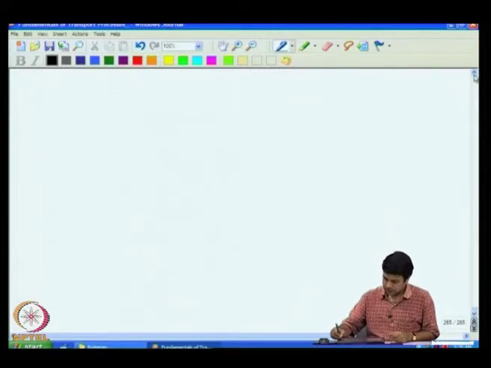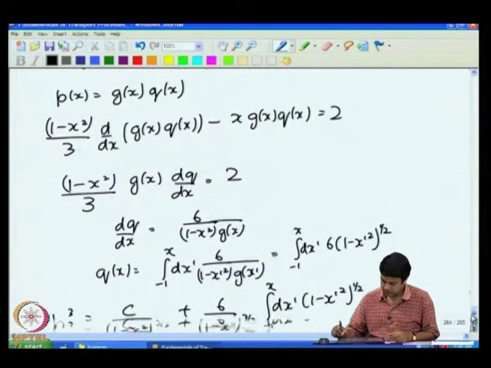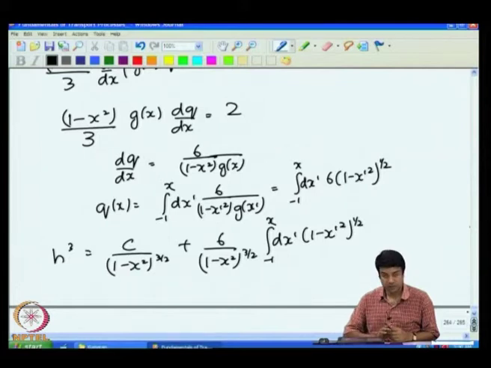So, that is the final expression for h cubed. It has one constant in it, c.